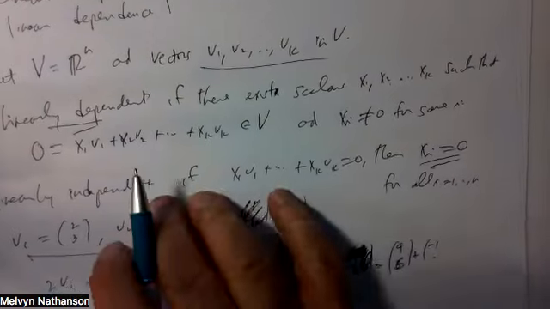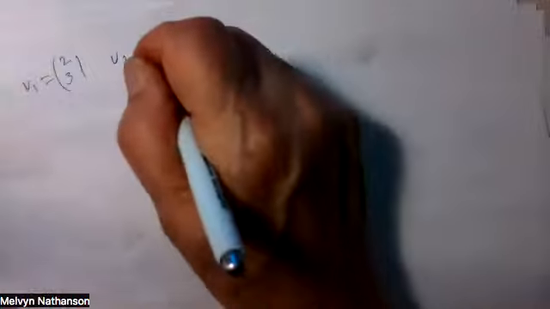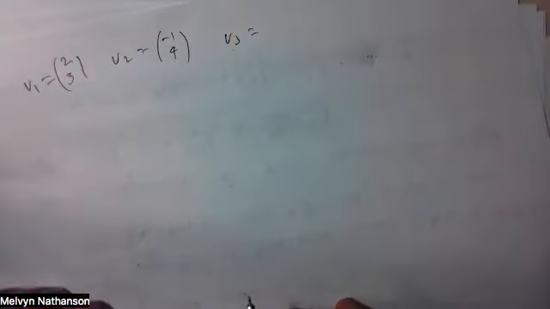So let me do this more neatly. I picked vectors v1 equals (2, 3), v2 equals the vector (-1, 4), and v3 the vector (9, 30).